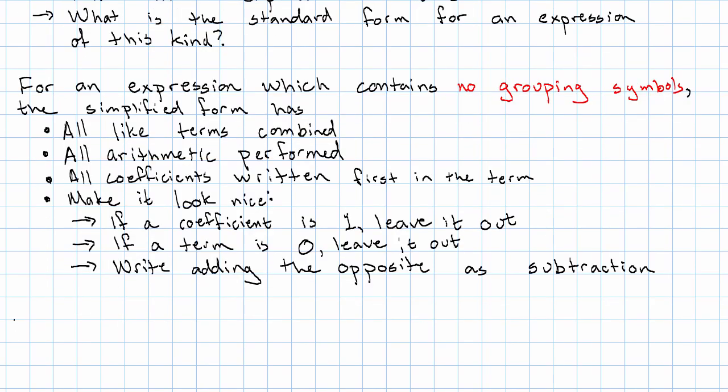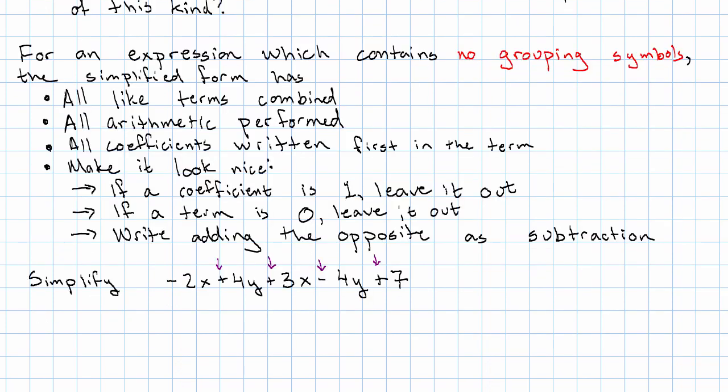Let's do an example. Say we're told to simplify the expression negative 2x plus 4y plus 3x minus 4y plus 7. Well, first I need to identify my terms. I will rewrite my subtraction as addition.